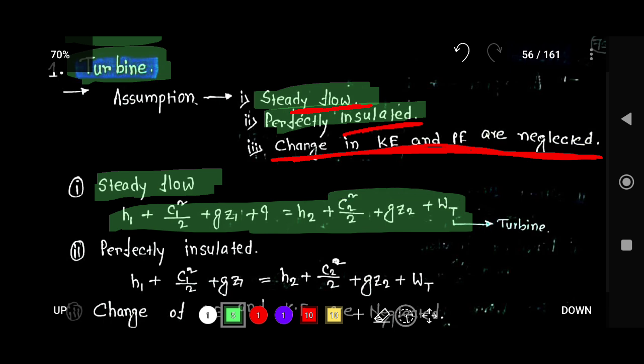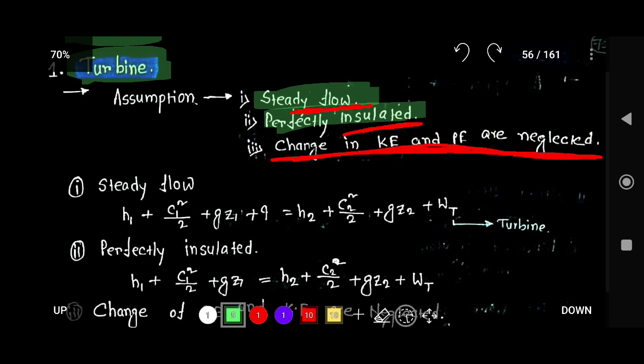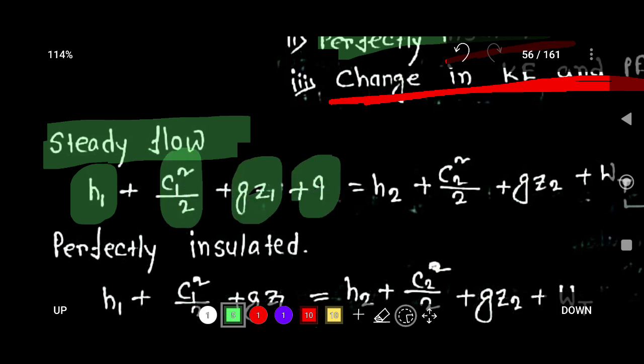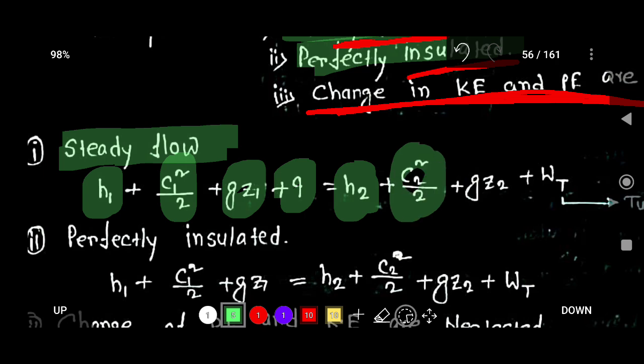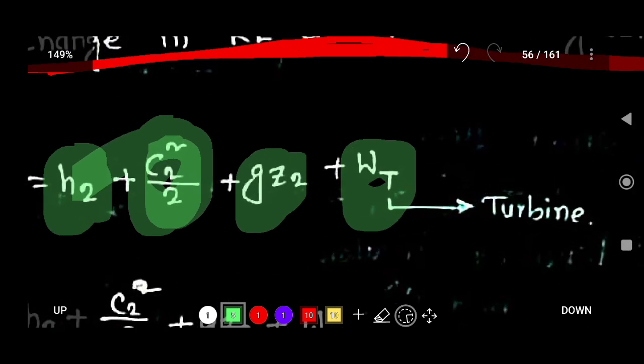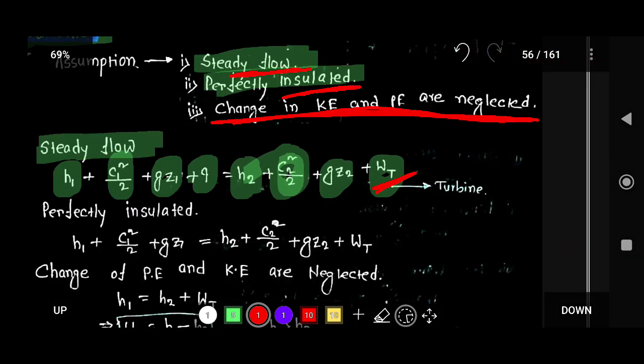This is the steady flow energy equation: h1 plus c1 square by 2 plus gz1 plus q equals h2 plus c2 square by 2 plus gz2 plus w of turbine. Here i means inlet, where inlet is 1 and exit is 2. Because we only focus on the turbine, that is the work done by the turbine.